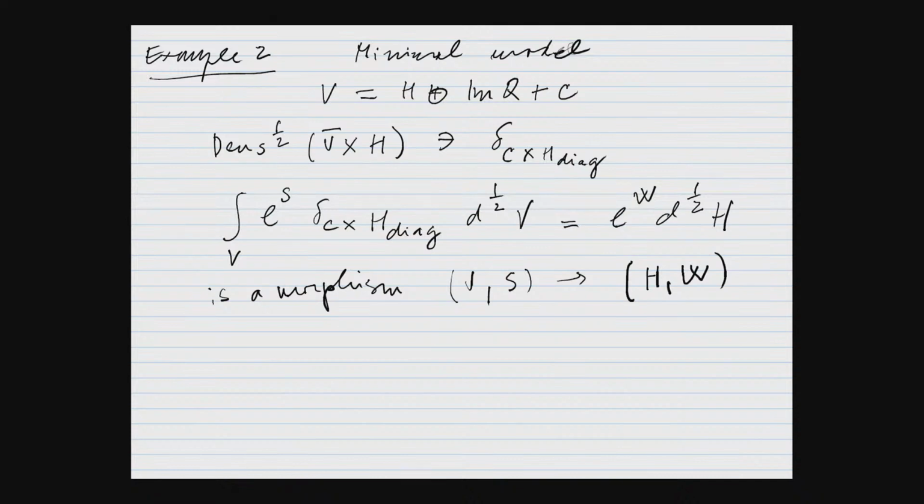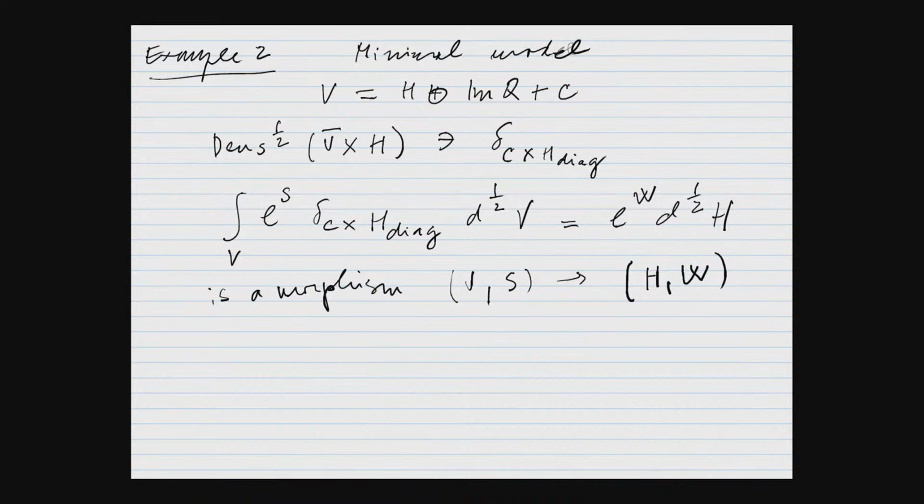So the obvious thing to do: you have the Lagrangian subspace here, which is the C plus the diagonal, because you have two copies of H, one here and one here. So you take the diagonal, and you take delta supported on this Lagrangian submanifold, and look back to the formulas I showed you coming from the homological perturbation lemma, and you see that that's exactly what it should be.